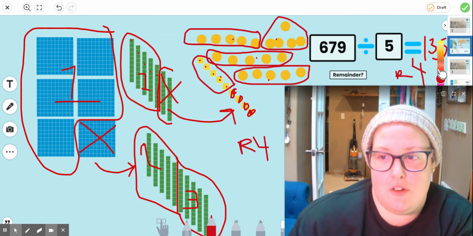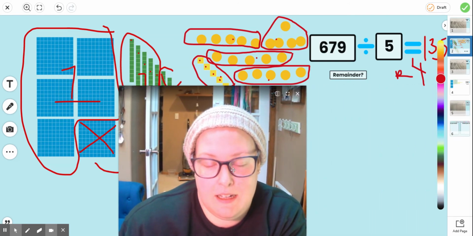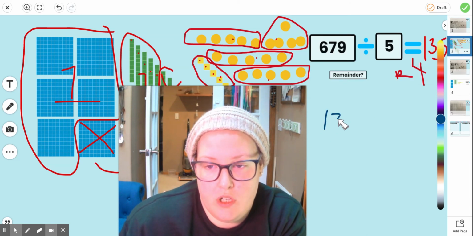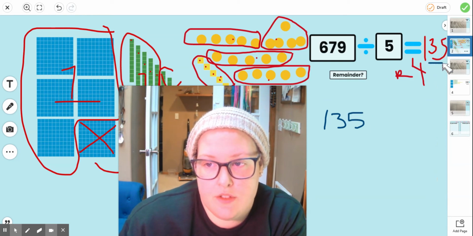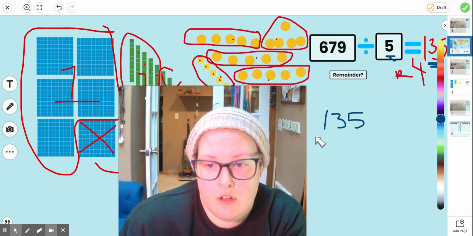Using Mrs. Forbes's equation to figure out if I did it right, I'm going to do my answer, my quotient, 135, times my divisor, so quotient times divisor.